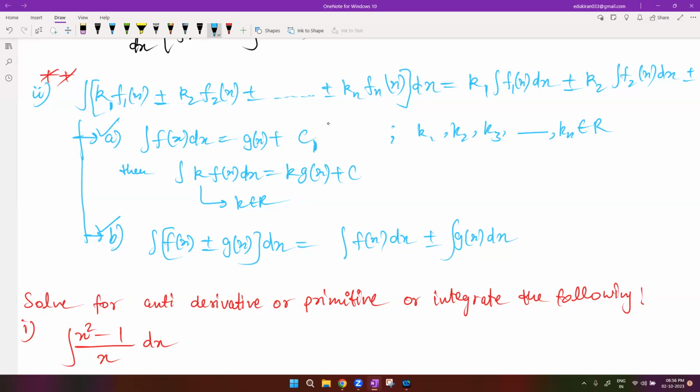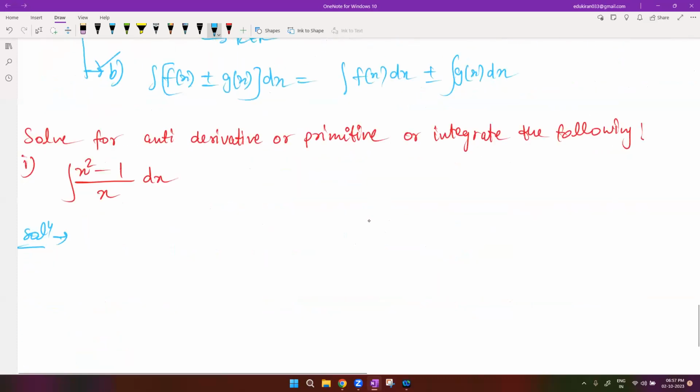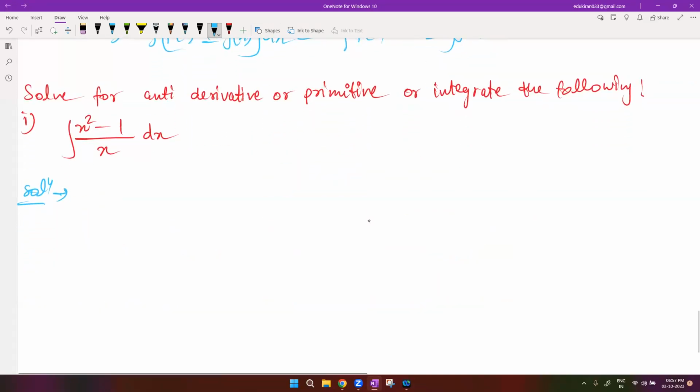But for division there is no specific rule, no quotient rule type thing here. Product rule is there, known as integration by parts, but there is no such thing for division. So for division we need to apply certain tricks, or just try to simplify the whole function first.